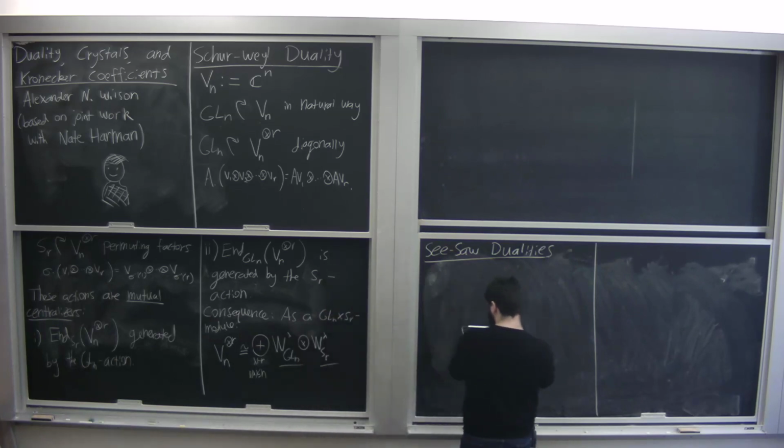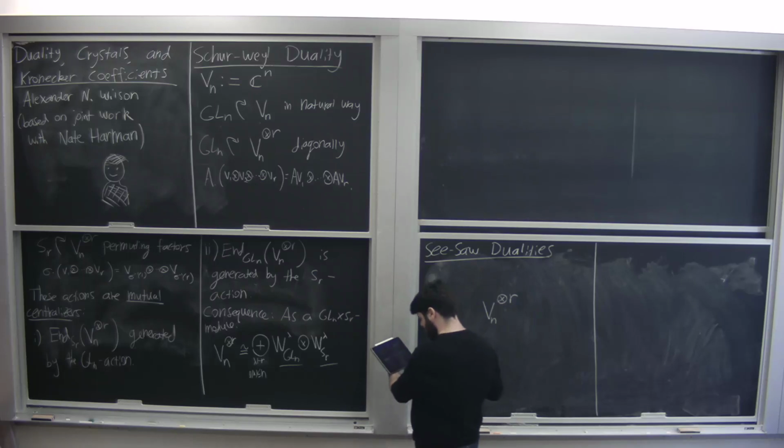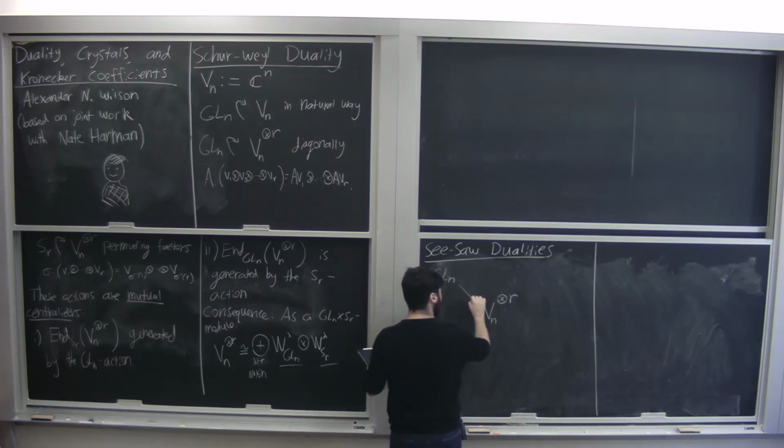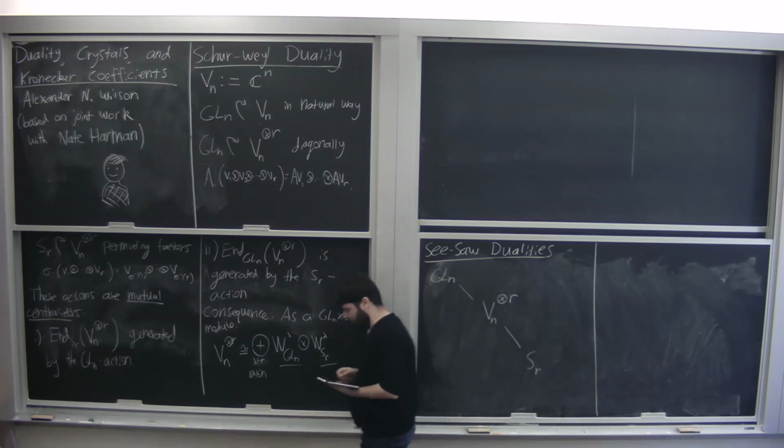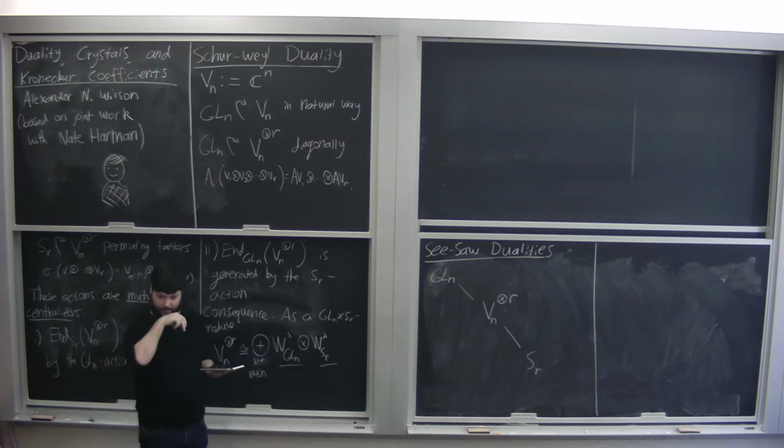Okay. So what I want to do is put this space in the middle, and I have my GLN action and my SR action here sitting on opposite sides. They're dual to each other.